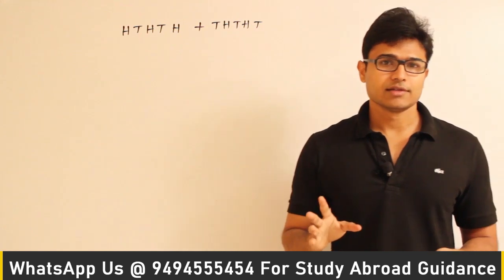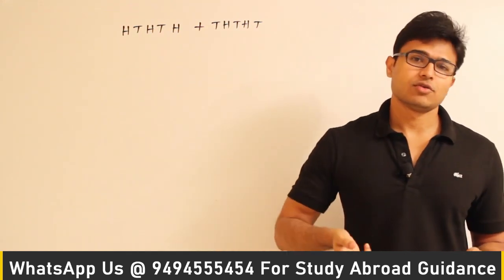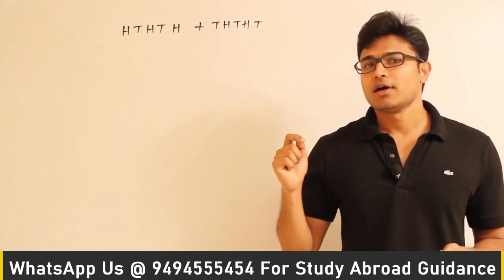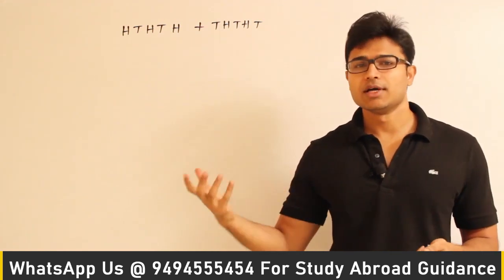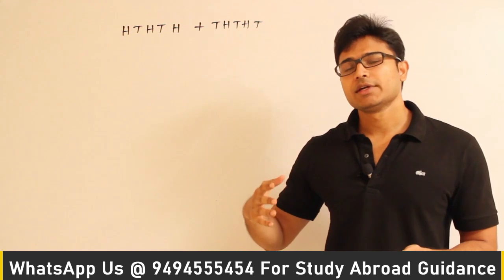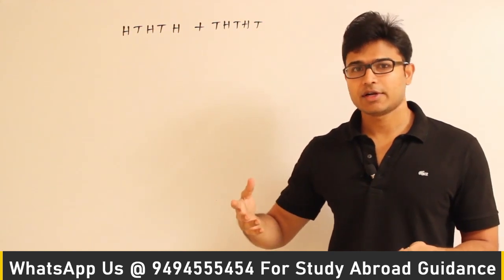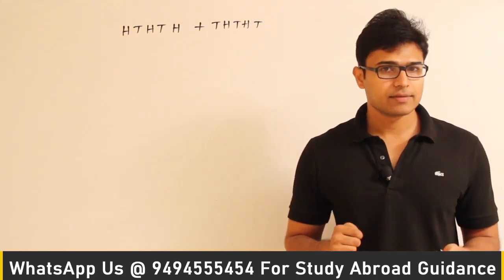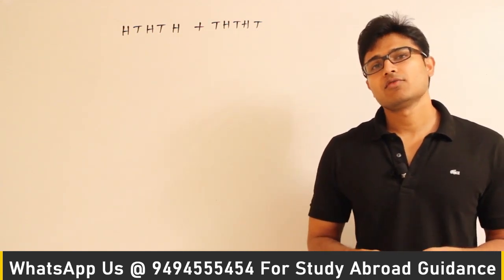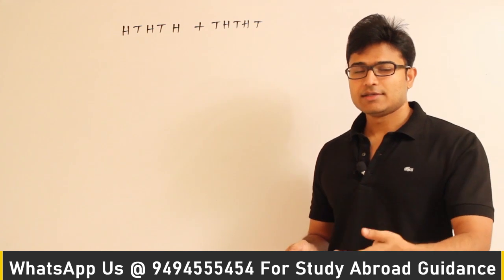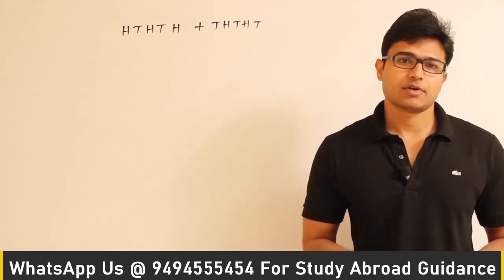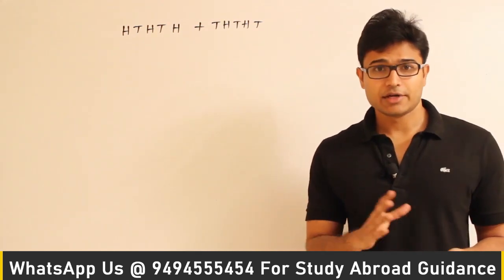Whenever you flip a coin, or roll a dice, or draw a card with replacement, or draw a ball with replacement, or bulbs, whatever, if you are doing it with replacement, or playing with a fair coin, then the probability of getting the head in the next trial is independent of the outcome of the first trial. Got it? So they are all independent events.